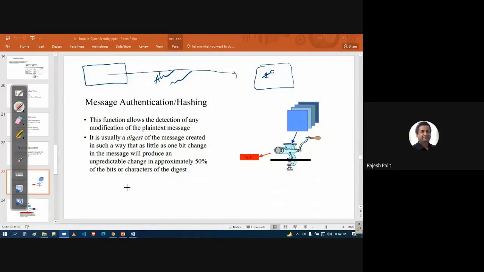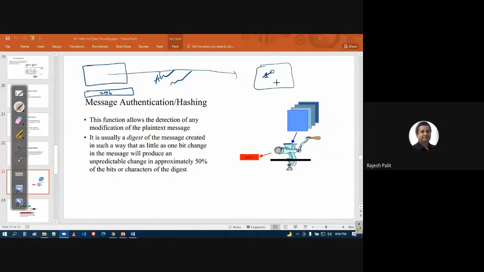So we will see how it is done. It is usually a digest, called a message digest or digest of the message, created in such a way that as little as 1 bit change in the message will produce an unpredictable change in 50% of the bits of the digest. Say out of the 1 gigabyte, a digest of 256 bits has been produced.